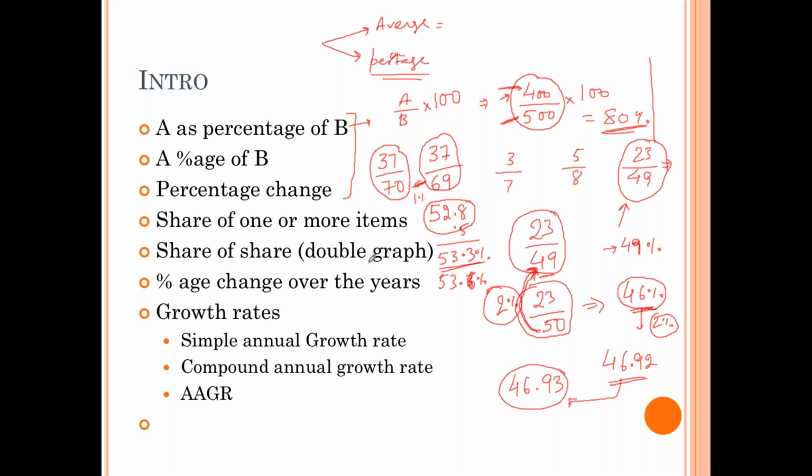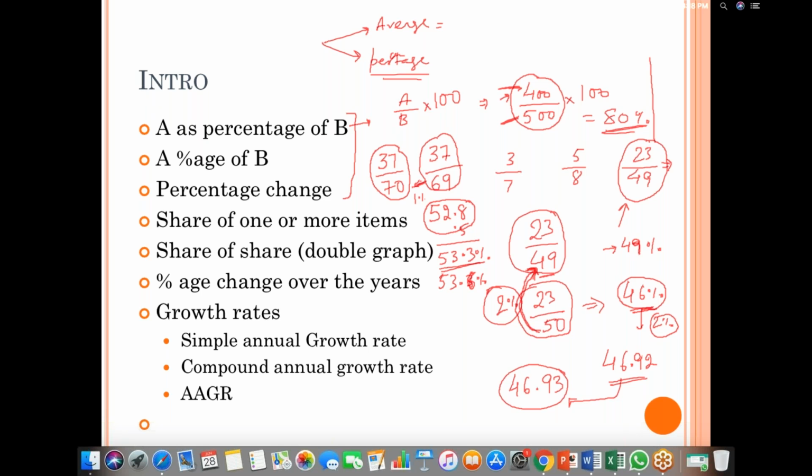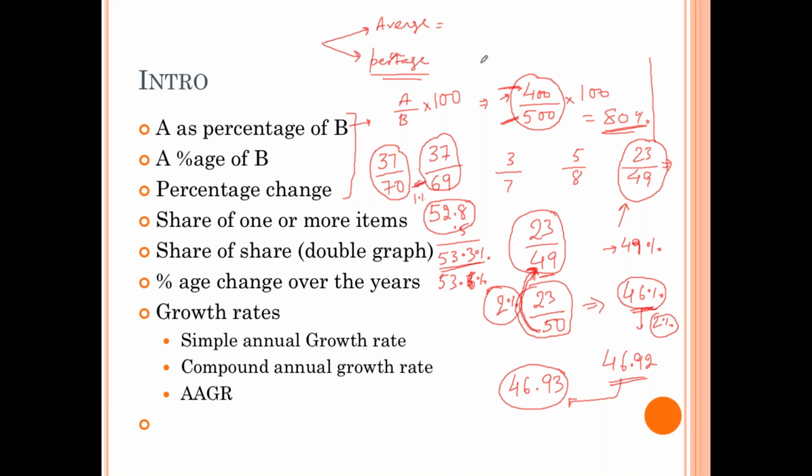Okay, Saurav says got it. Saurav, 37 by 74. Yes, we can calculate 37 by 74 also, as Shubham Sharma said. So 37 by 74 will be 50%. Now I have to see 37 by 74, whereas I was calculating 37 by 69.